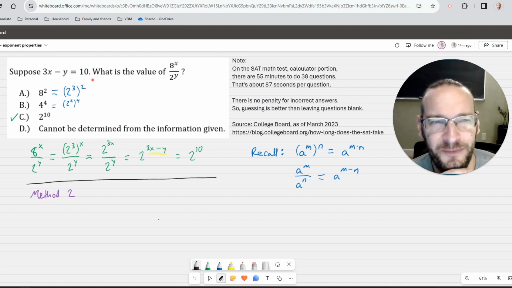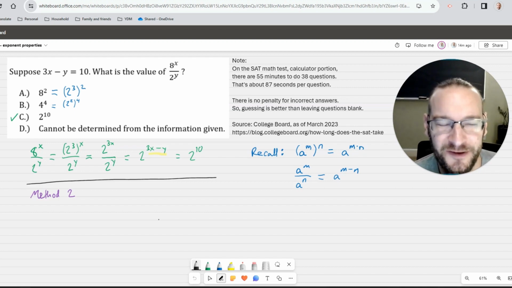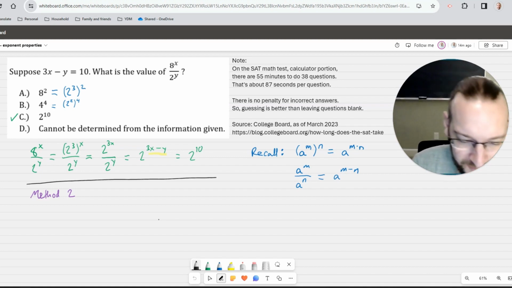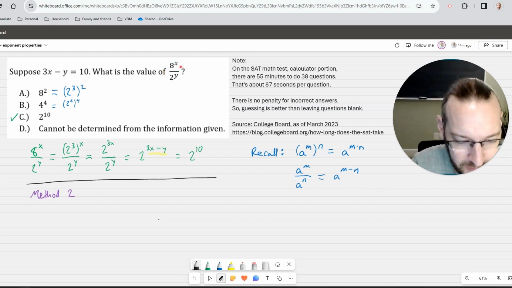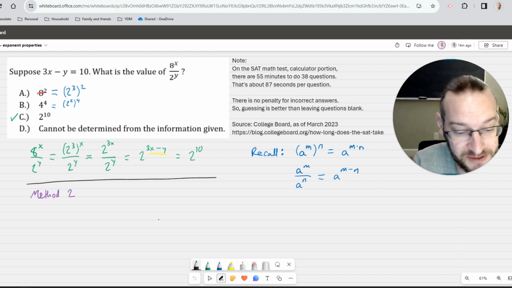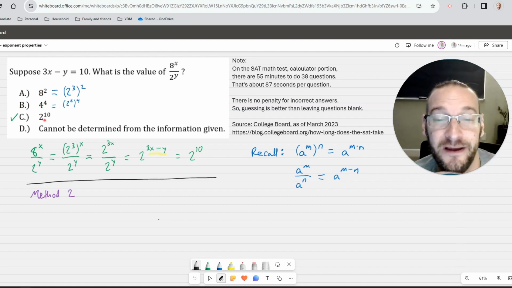Why do I think that might be a helpful idea? To help us get some experimental evidence, let's say, about which of these possible answers is the correct one. Well, if this expression here, 8 to the x over 2 to the y, is indeed equal to either A or B or C no matter what x and y are, see, these are just constants, right? They don't depend on x and y.